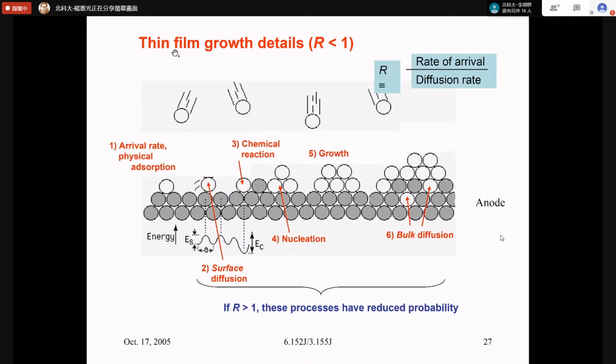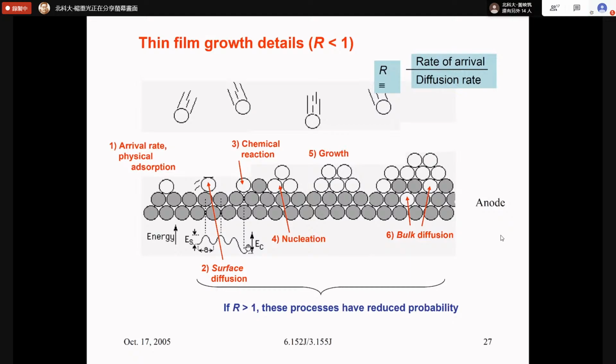So remember I talked about the thin film growth detail when the rate of arrival is less than the diffusion rate. So the arrival rate is the first one, and from the second one is surface diffusion, chemical reaction, nucleation, growth, bulk diffusion. And then we say on the surface, there is an energy.